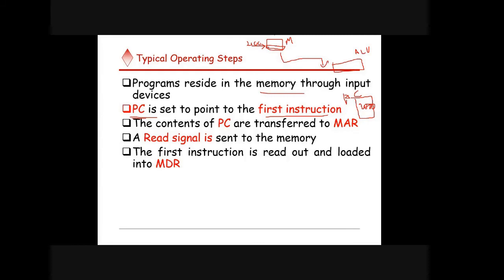Actually, the memory will have an instruction as well as data, so that instruction will come from the memory and be stored in the next register, that is called the MDR, the memory data register. Now, which data have I fetched from the memory? That instruction itself I have fetched from the memory. So that is data, and I am storing it in MDR.